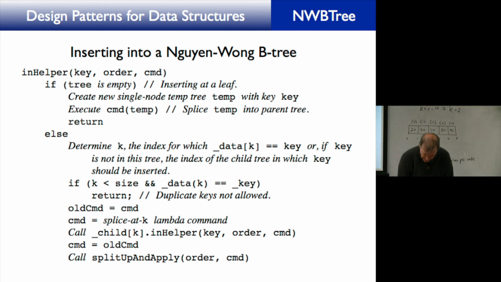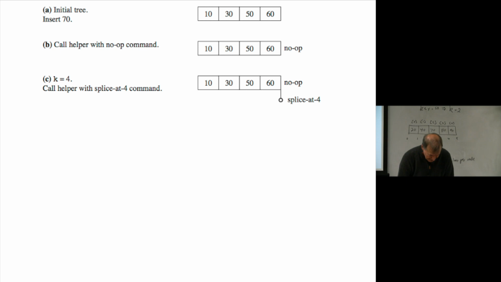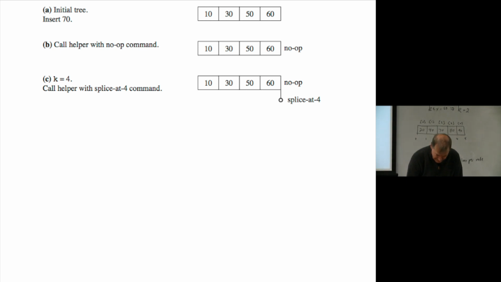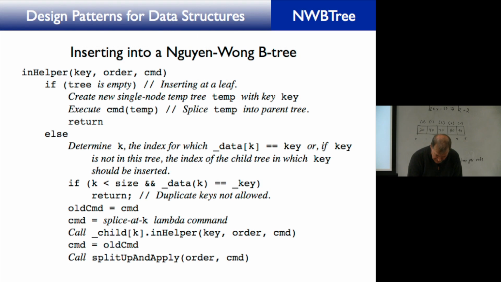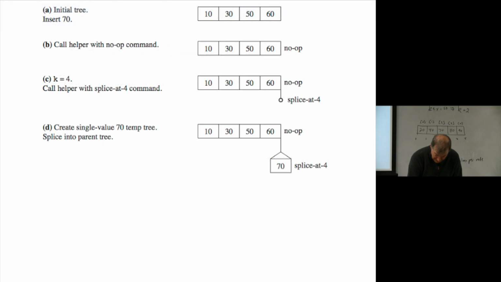We're at call child sub what? Sub 4 in helper key order command. Okay, so now when we call that, but now when we come back to in helper, if tree is empty, that is true. So now what do we do? We create a new single node temp tree with key and execute. And then what? Execute what?